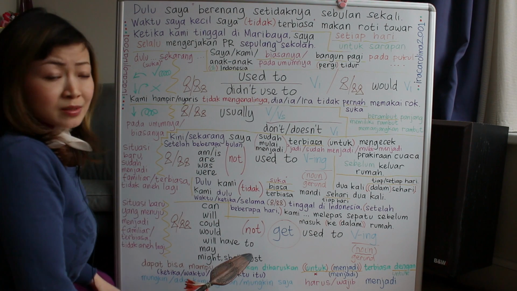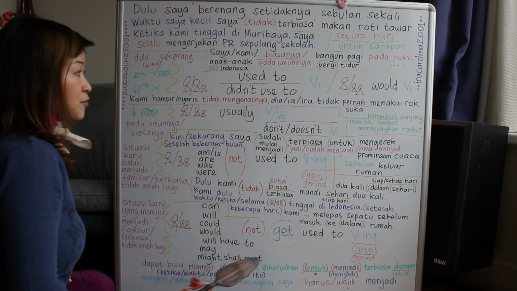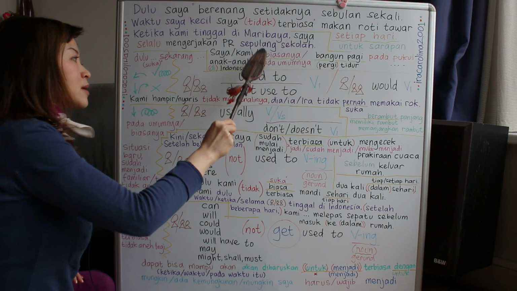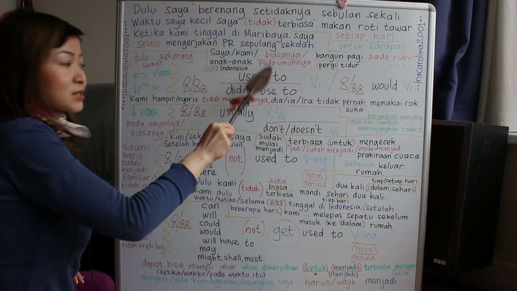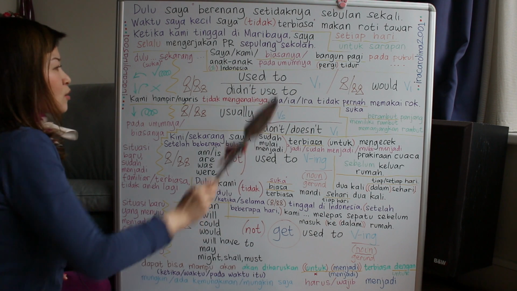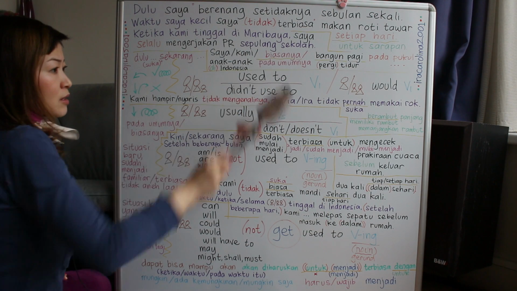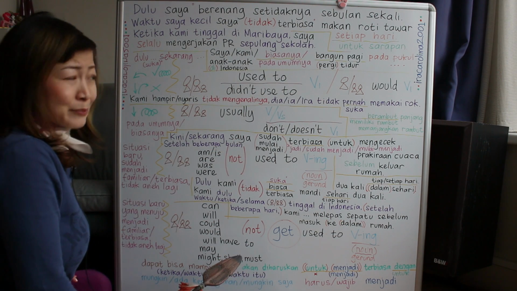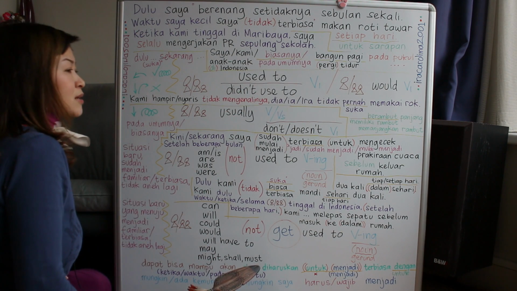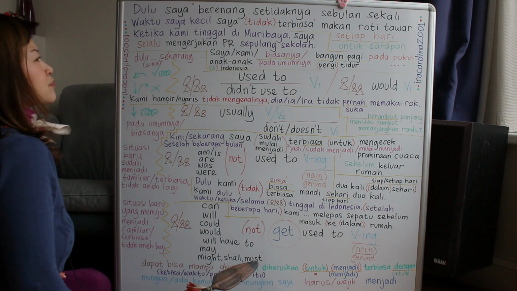Umum is general, but to make it in general, you have to put the suffix nya. You cannot skip it. So it's two words, pada umumnya, in general, or biasanya, one word, most of the time. Biasanya. Mostly, or most of the time, or in general.